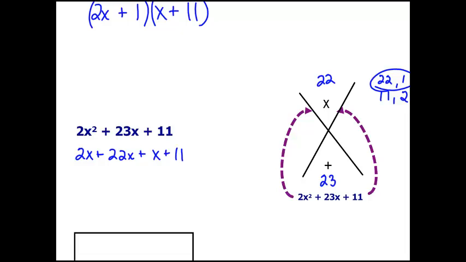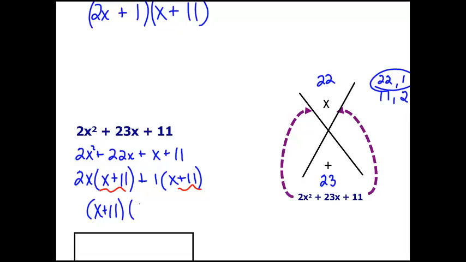And then that's 2x squared, and I'm going to take out my 2x, I'm left with x plus 11, and then I get plus, and this is just again a 1 times x plus 11. Take out my twins, and I'm left with x plus 11 times 2x plus 1.